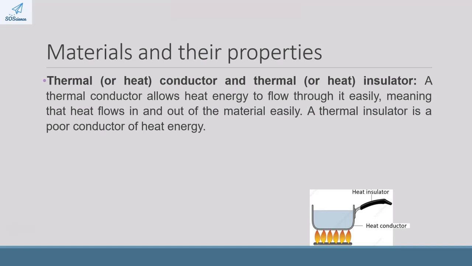But what you would notice is that by 5 or 6 o'clock, when the sun's gone down, those bricks around the pool are still warm, and they remain warm for quite some time. That's because that is a thermal insulator, meaning that it doesn't allow heat energy to flow into it easily, but then it also doesn't allow heat energy to flow out of it easily.